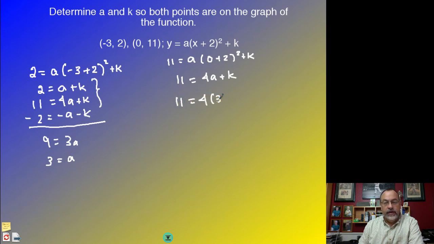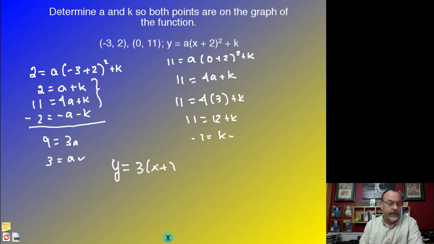So I'll put 3 over here, and so this is 11 equals 12 plus k, so k is a negative 1. So I have my a, I have my k, I substitute it into the expression. A is 3, x plus 2, whoops, going too fast for myself here, 2 squared minus 1, so here's the vertex form given 2 points that need to be on the graph.